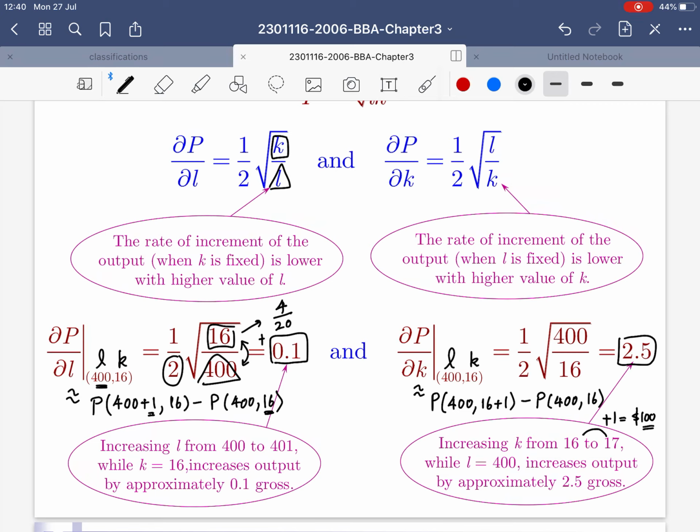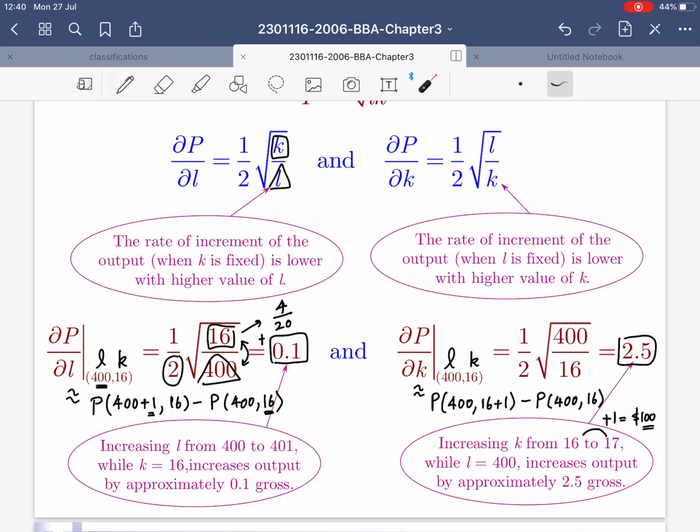So what do these two things tell you? If you hire more labor, then the increment in production will be only 0.1 gross. But if you invest 1 more unit of capital, or $100, it will increase by 2.5 gross.